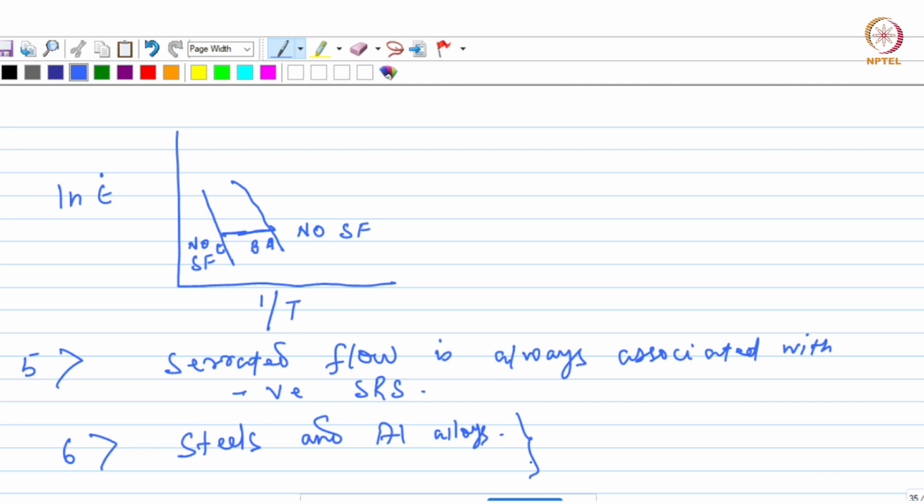In steel, it is interstitial solute atoms that we are talking about, but in aluminium alloys, they are substitutional, as we know. So since it is interstitial in steel, their diffusion rate is higher.